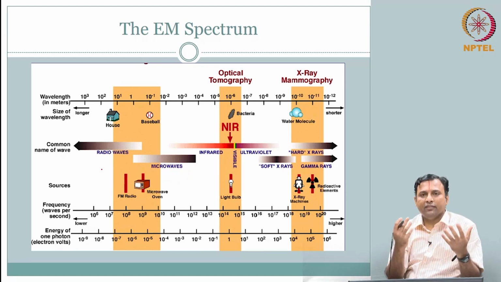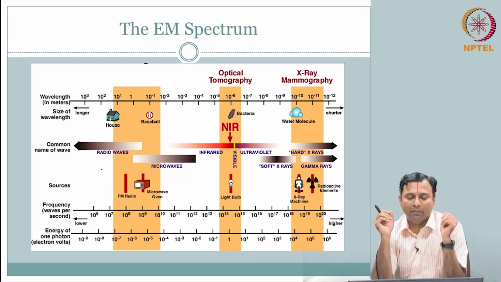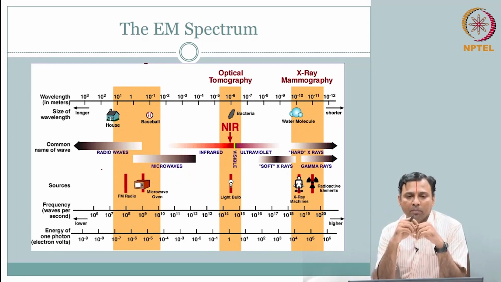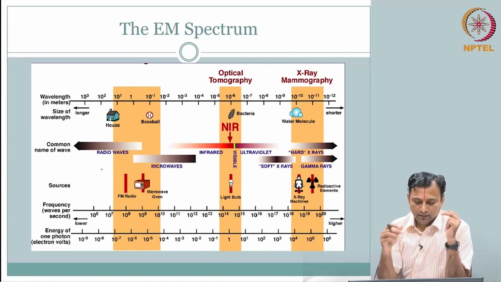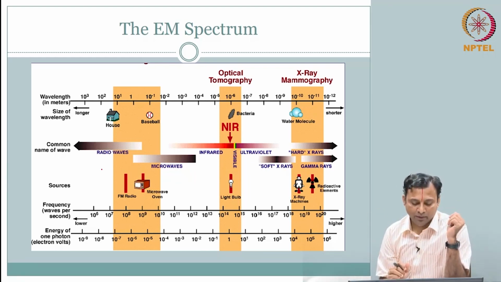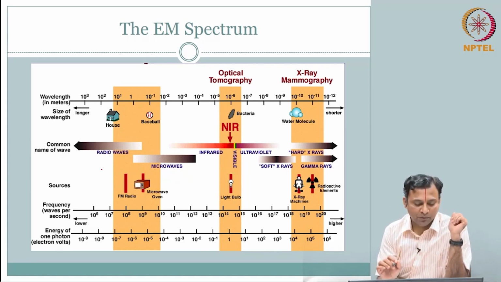All of these are physical signals, so there should be some physical parameters, units, quantities. Let us see at least the two big signal domains that will be exploited. One is the electromagnetic spectrum that you see.